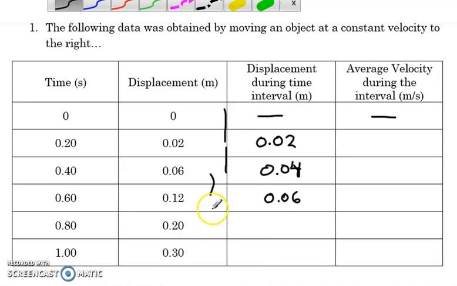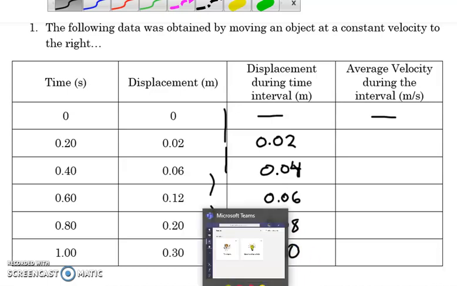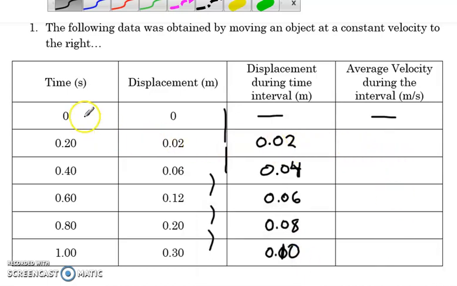With each of these intervals, the displacement is increasing continually. Each interval is 0.2 seconds, so the average velocity goes from 0.1 to 0.2, 0.3, 0.4, and 0.5. The average velocity is continually increasing.